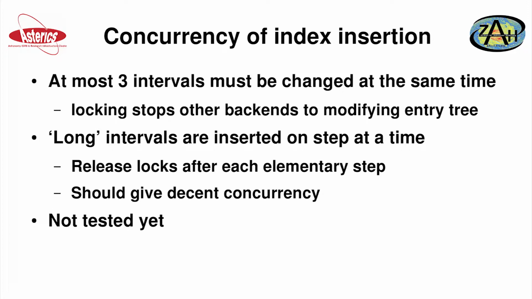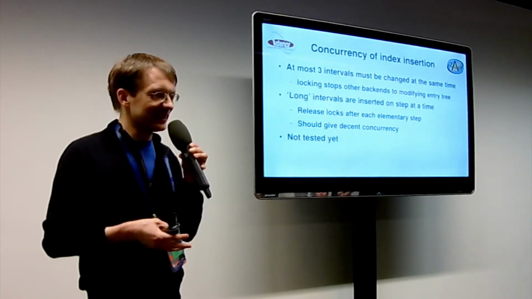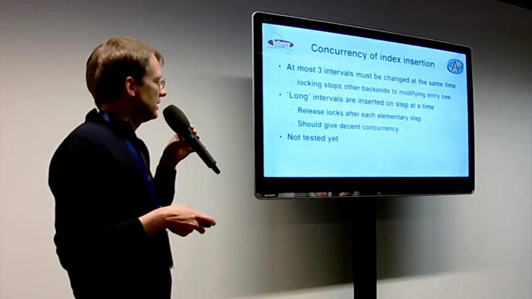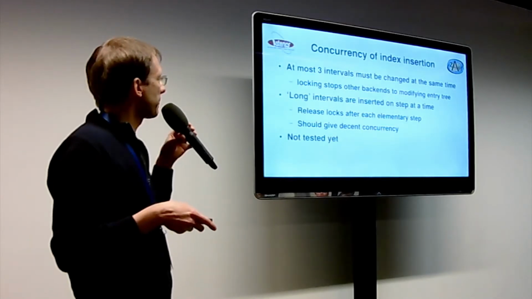So that would mean you have maybe to change thousands, millions or more of intervals, and this would be very bad for concurrency if this would mean that the index is locked for the whole time.